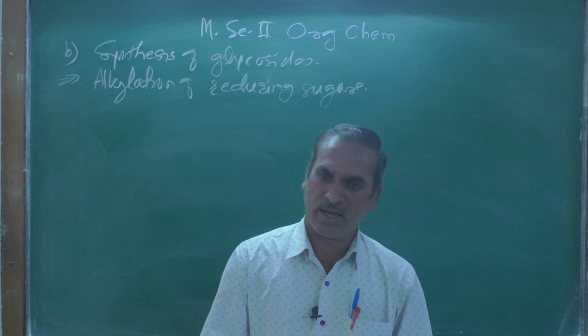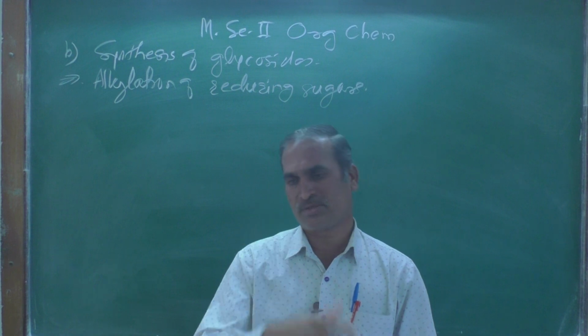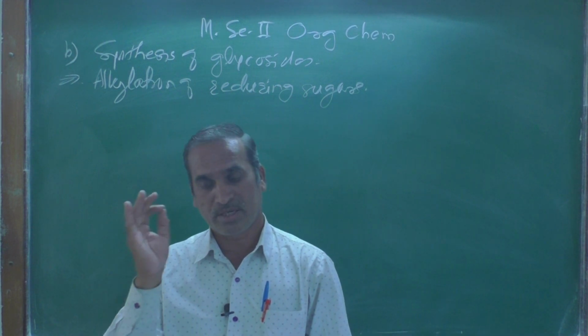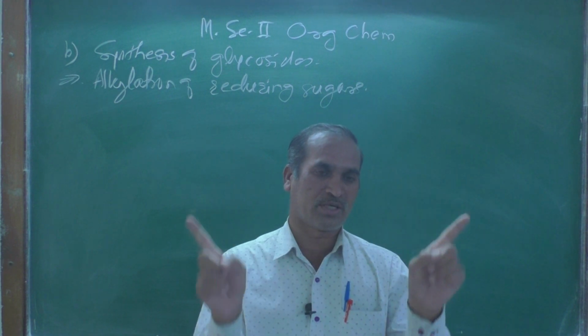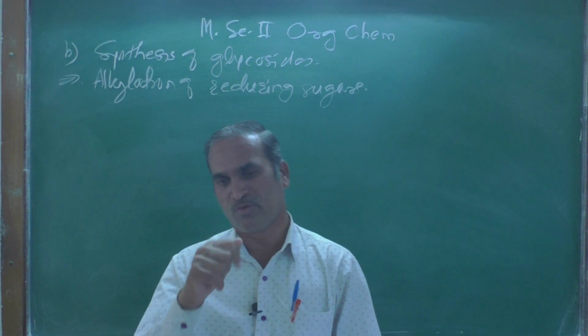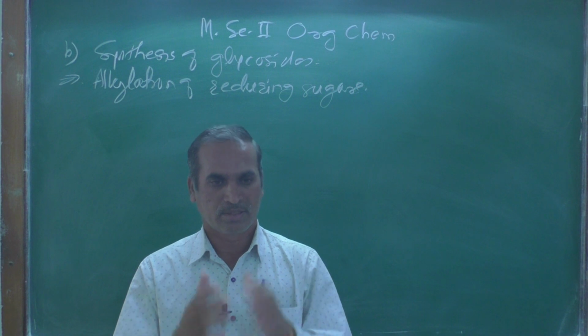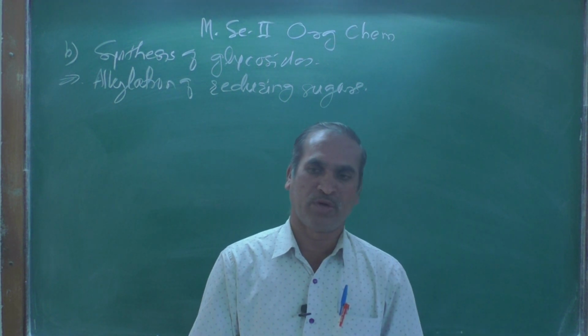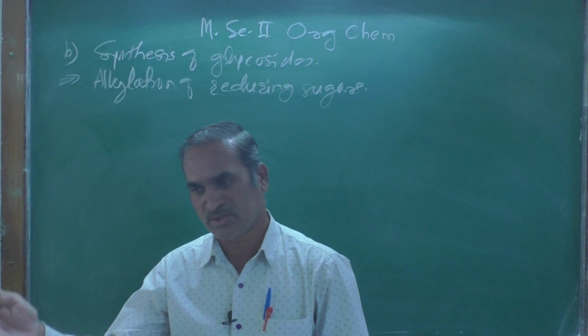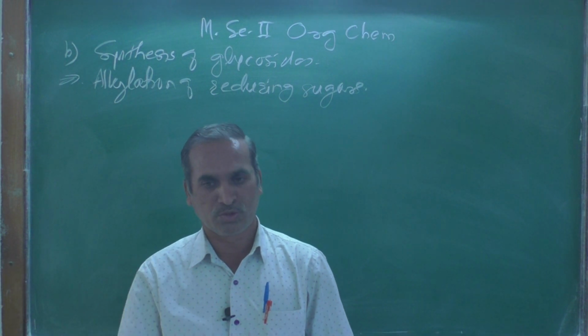Sucrose is one of the disaccharides. If you observe the structure carefully, you will find that sucrose is made up of one glucose unit and a second one, a fructose unit.